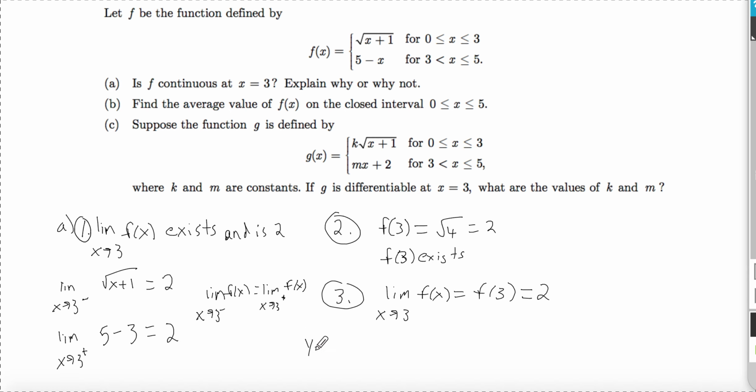yes, f is continuous at x equals 3 because the limit as x approaches 3 of f of x equals f of 3, which is 2, just to cover my bases.